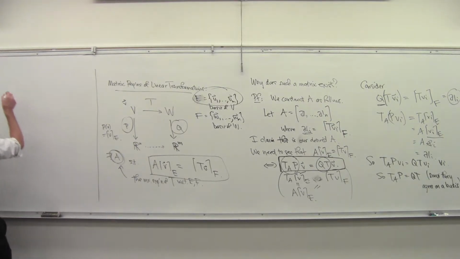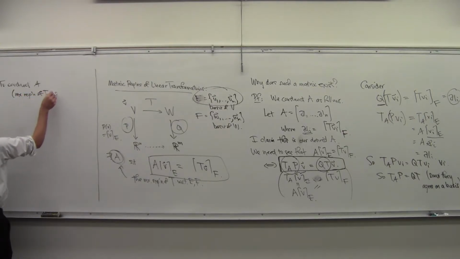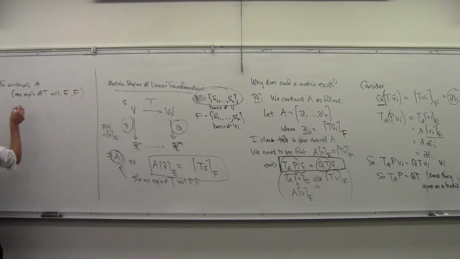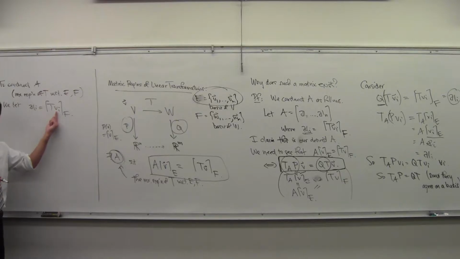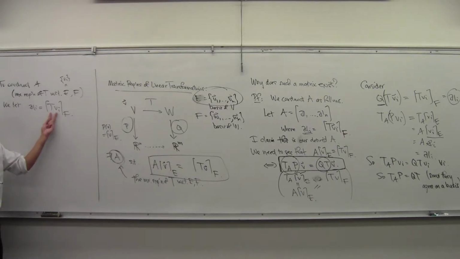So to construct A, the matrix representation of T with respect to E and F, we let the ith column of A be this: we take the ith element of E, map it through the linear transformation, and take its coordinate vector with respect to the basis on the other side.